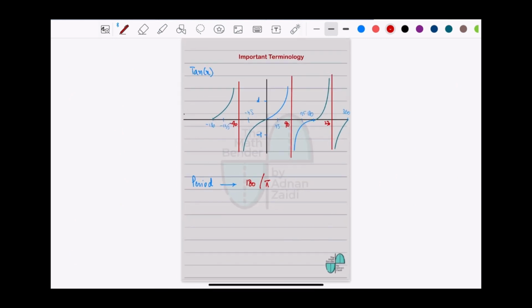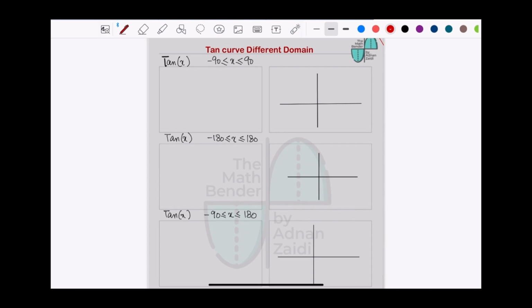Now looking at some different domains for tan. Let's say you were to sketch the curve for negative 90 to 90. This is where the tan curve reaches 90, so I'll draw a line here, the asymptote line. The red line is the asymptote, and on the negative side it is going to be like this.